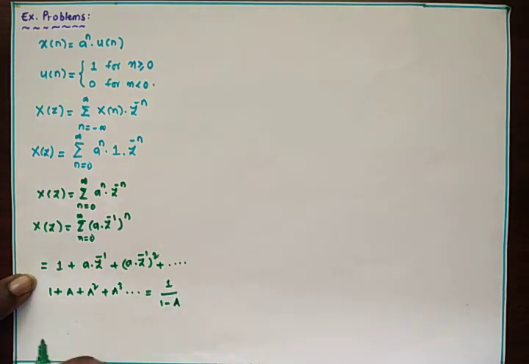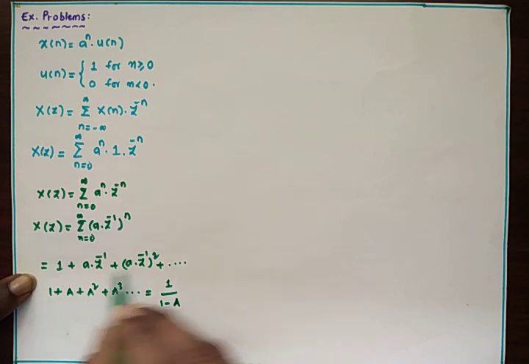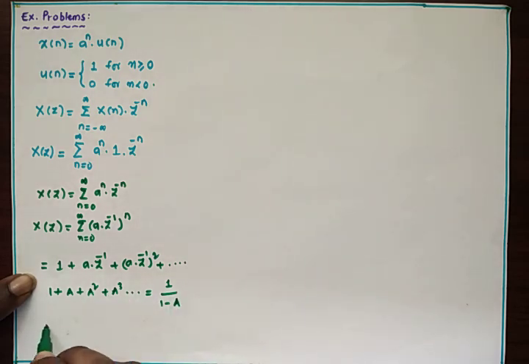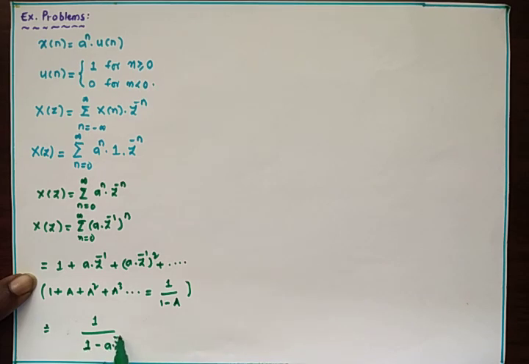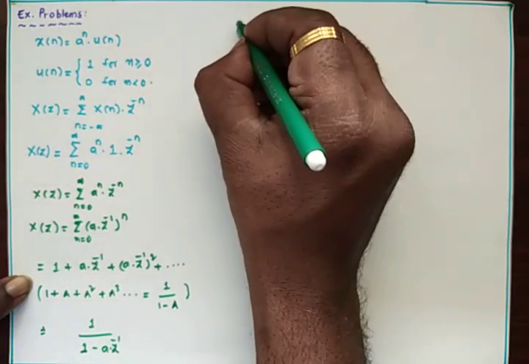So I can write this as 1 by 1 minus a, where a is equal to a into z to the power of minus 1. So this is x of z.